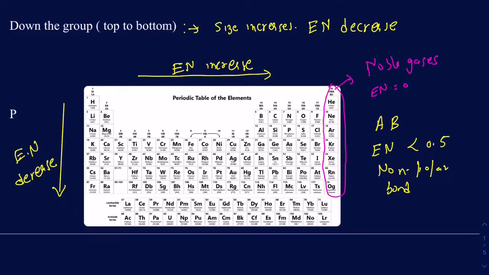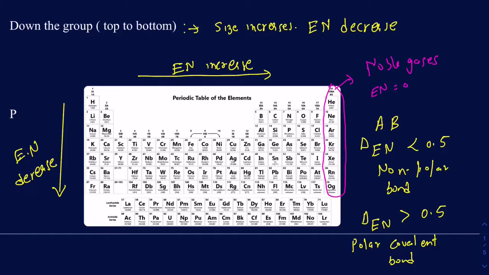If their difference, the delta EN, the change in electronegativities between the two atoms, is bigger than 0.5, then it's going to be a polar covalent compound or bond. And if you're making a bond between a metal and a non-metal, then that's going to be an ionic bond.